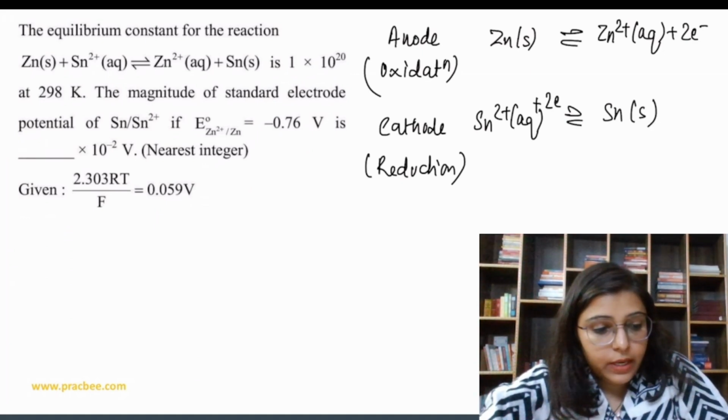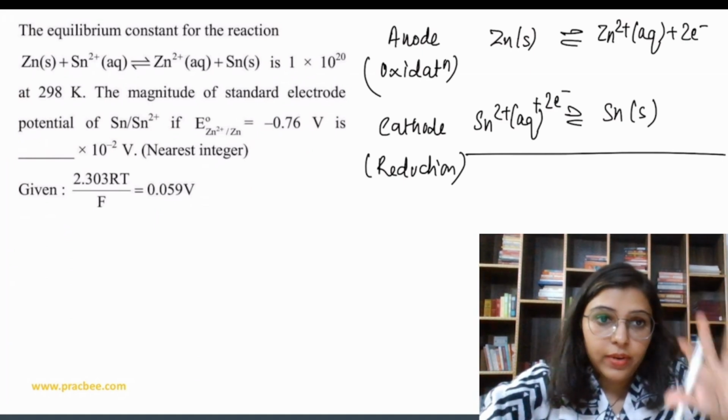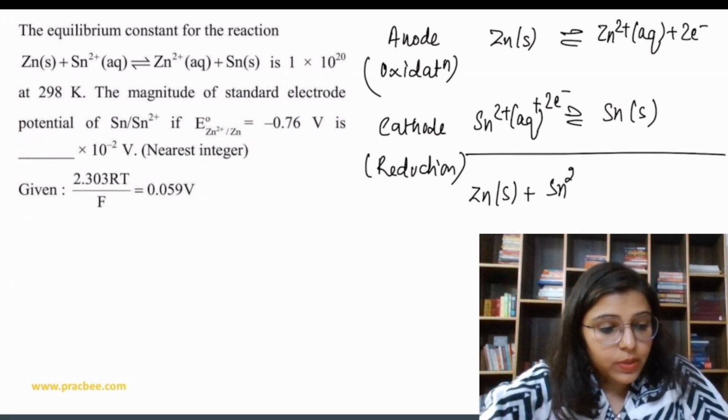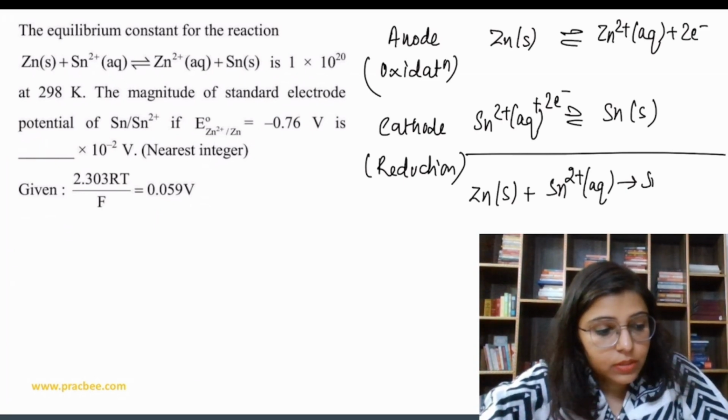Now let's write down the complete reaction: zinc solid plus Sn2+ aqueous gives tin solid and Zn2+ aqueous.